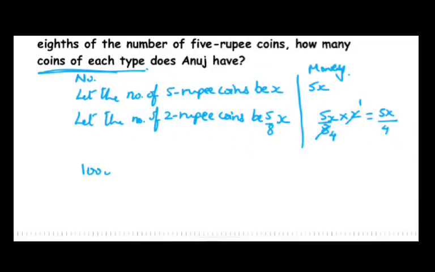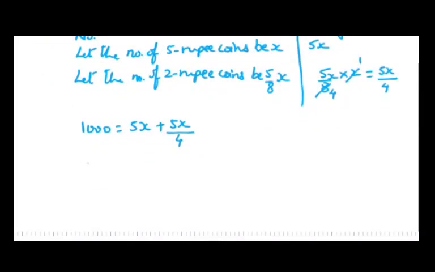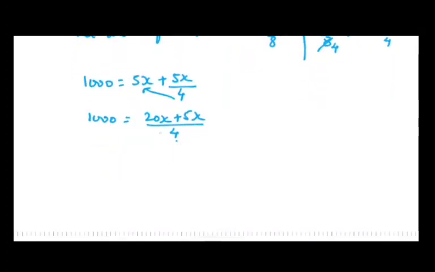So let me look at it in terms of amount now. 1,000 rupees will come if I have 5x plus 5x upon 4. So 1,000 is equal to 4 into 5, 20x plus 5x upon 4. 4 goes to the left hand side.